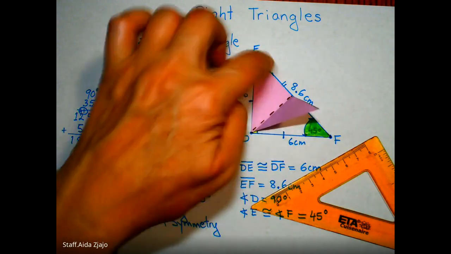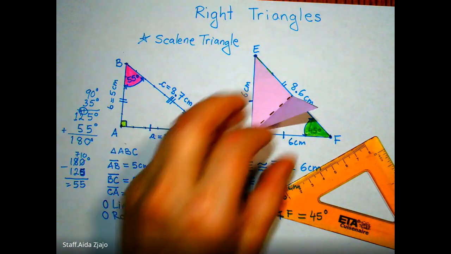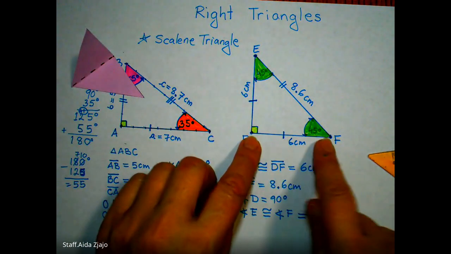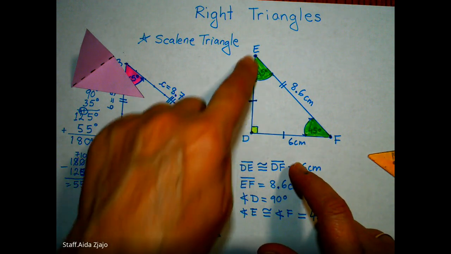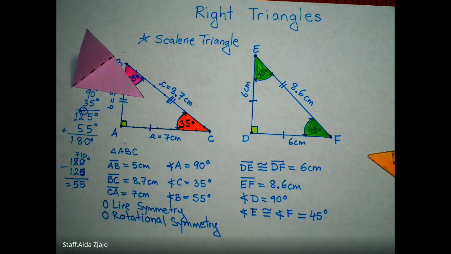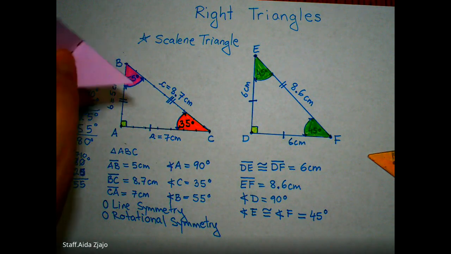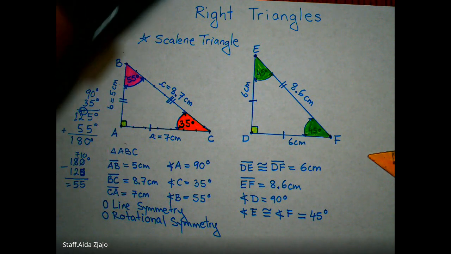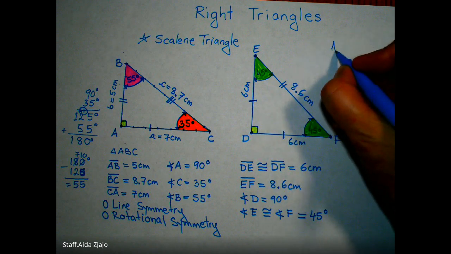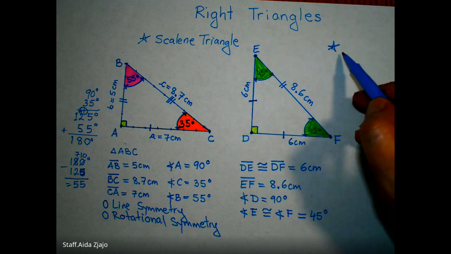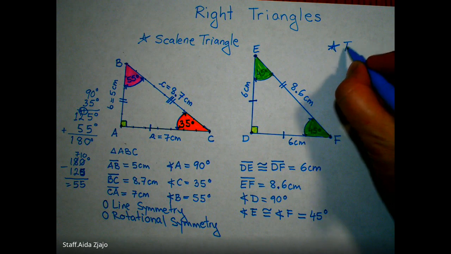If this side DF is called base, then segment DE is the height of that right isosceles triangle. So we can write this as a nickname. This would be right triangle and isosceles triangle.